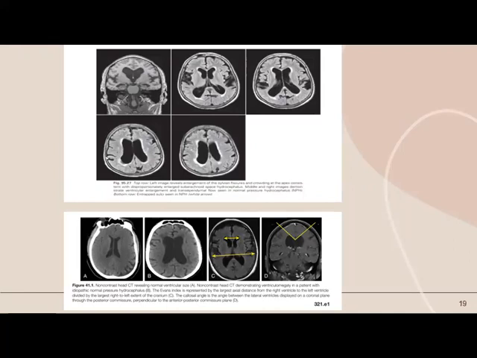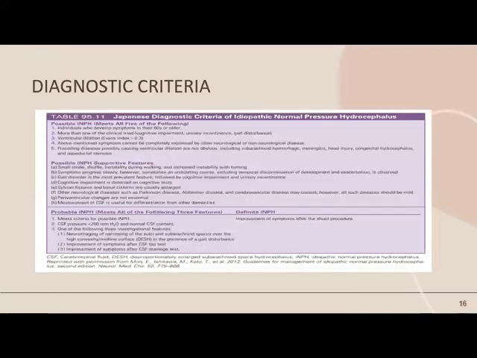Japanese criteria, can you read that criteria? First, there is possible idiopathic normal pressure hydrocephalus, which has to meet all five of the following. Number one, individuals who develop symptoms in their 60s or older. Second, more than one of the clinical triad: cognitive impairment, urinary incontinence, and gait disturbances. Third, ventricular dilatation, that means Evans index more than 0.3.